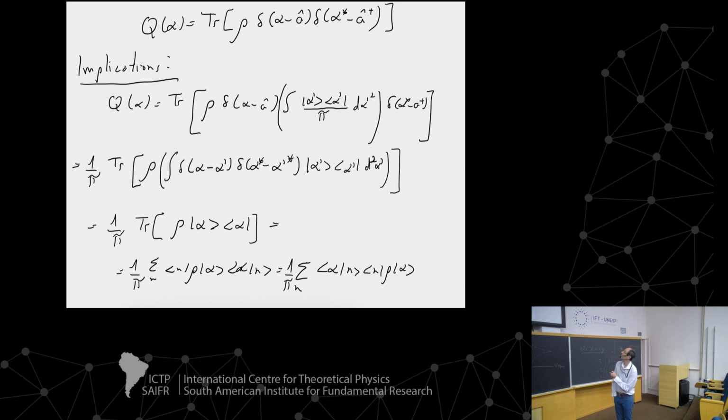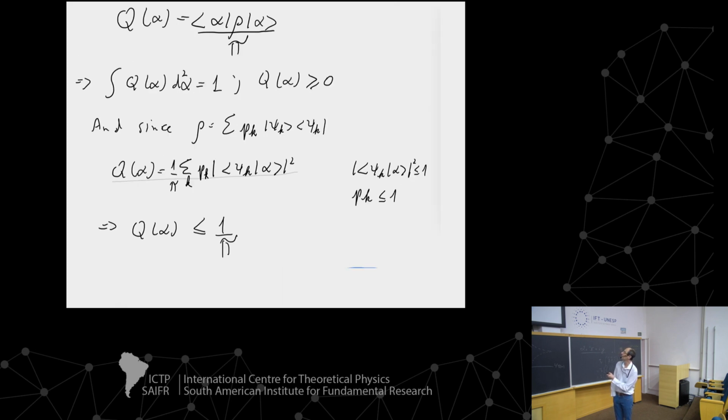When you use that and you insert some term here and go through your calculation, using this delta function, you can basically see that you have the trace of rho times the projector alpha into alpha. Once again, you can reshuffle it, and at the end of the day, it translates simply over the projection of rho into the state alpha.